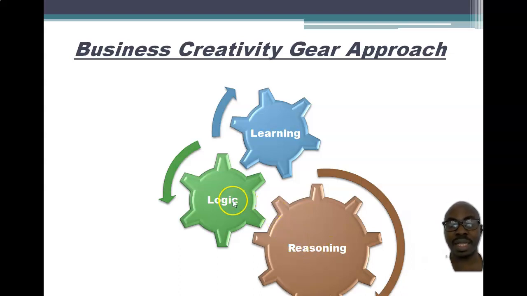So the logic encompasses what makes those thriving companies successful, and if there's any area where they're falling short, what is making them fall short. When you have a detailed overview of that logic, you will be able to come up with the reasoning aspect.